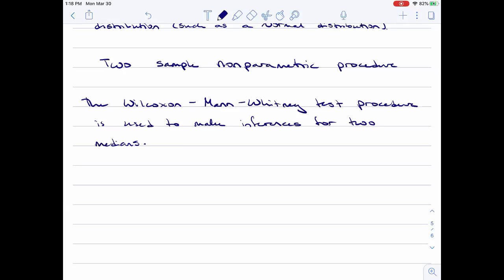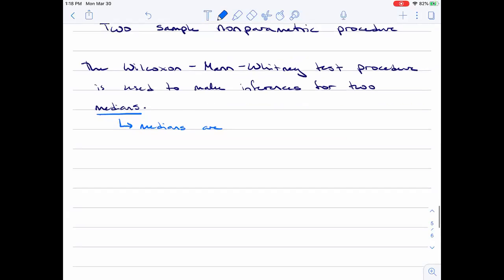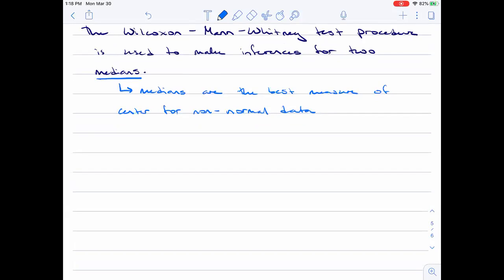Medians are the best measure of center for non-normal data, and this is going way back to the beginning of Stat 230, because they are robust to outliers.